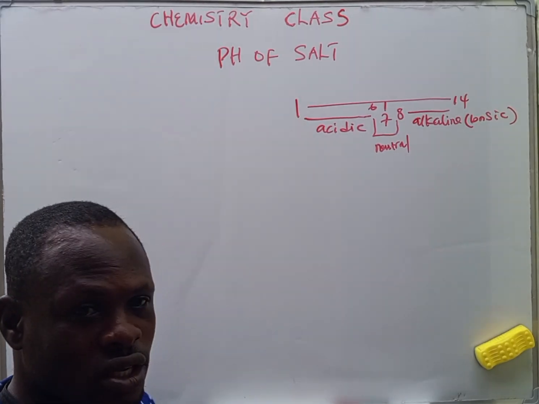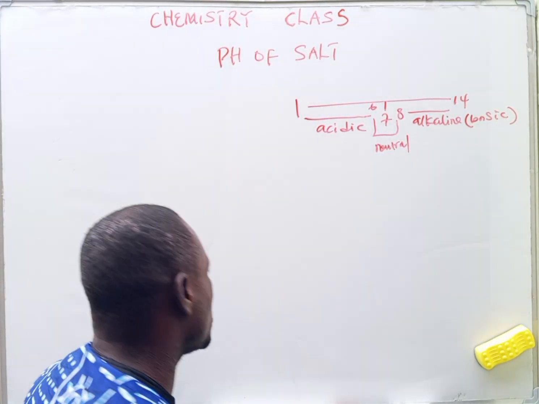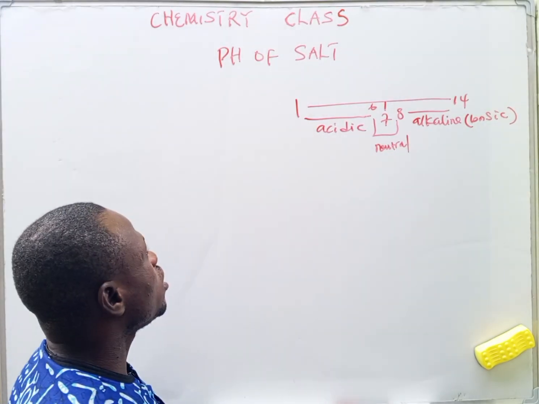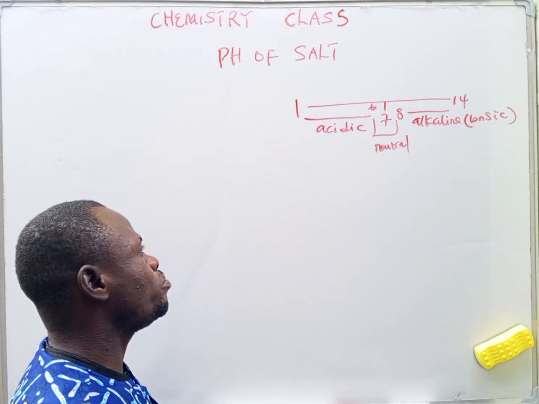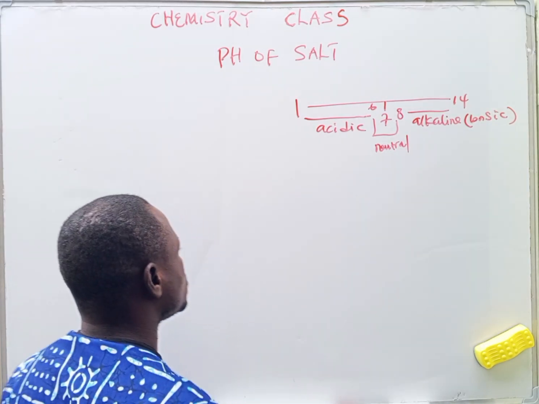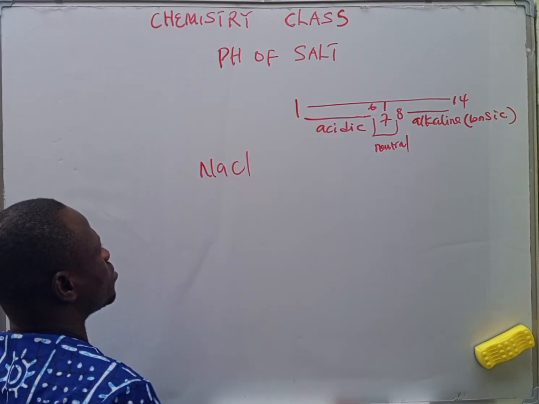Here is neutral. Okay, so how do you know a particular salt has a pH either less than 7 or greater than 7? So for instance, we have NaCl.